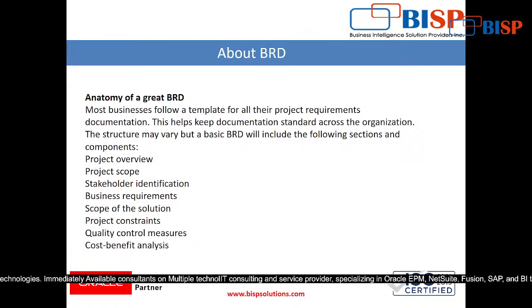For example, a sales rep is creating a sales order as usual, but suppose after implementing that Fusion in their premises, whatever changes or things he needs to ensure, you have to provide that into the project constraint. Quality control measure means it's just testing. In testing, everything is included.